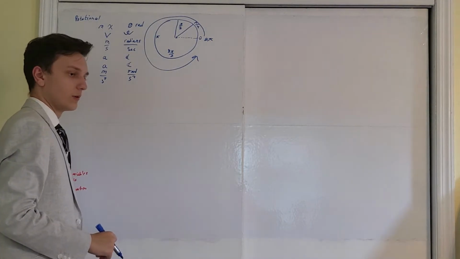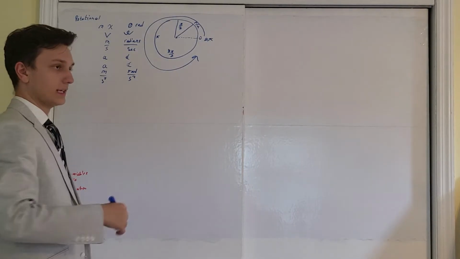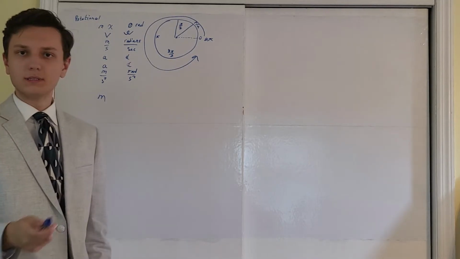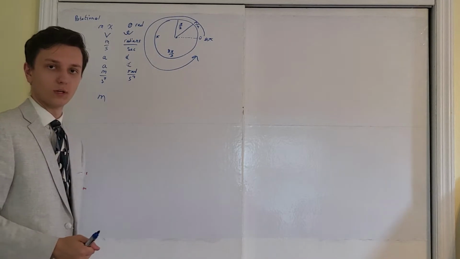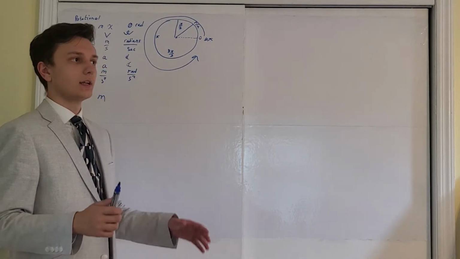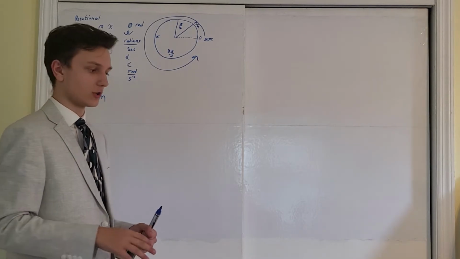Also, when we were dealing with linear motion, we defined our inertia as mass. I don't believe I've adequately described what inertia is. Inertia is the resistance an object has to start moving.